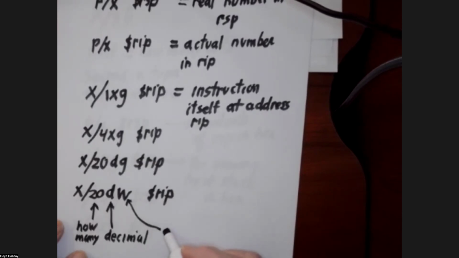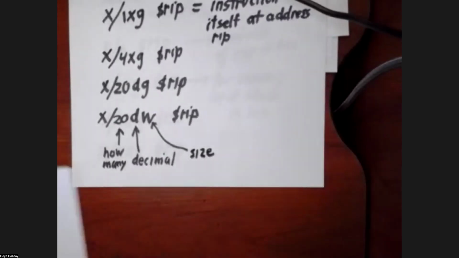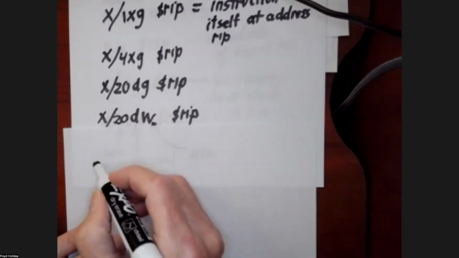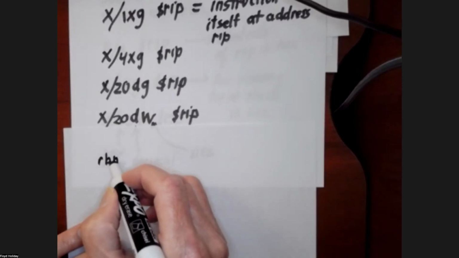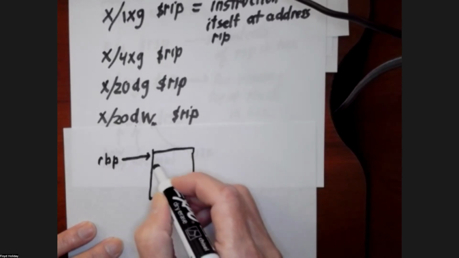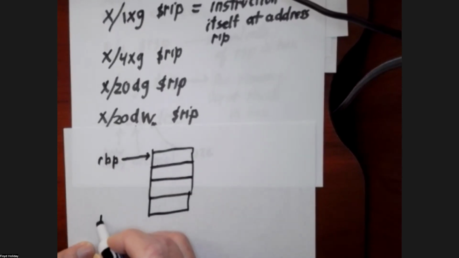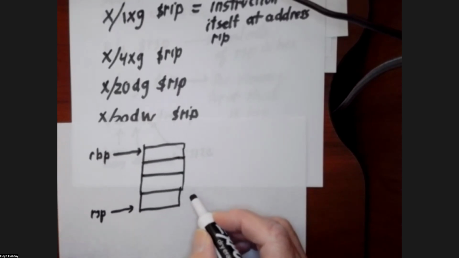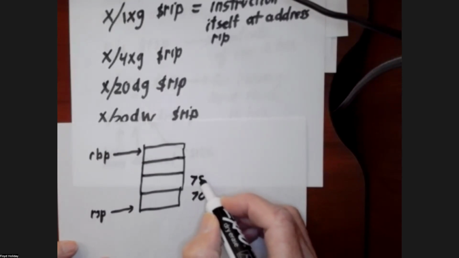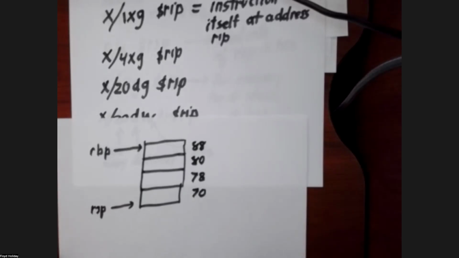This is size. Remember the base pointer, RBP, and the stack pointer, RSP. Okay, so we have an ending address, the last 2 digits 70, 78, 80, 88, counting by eights.